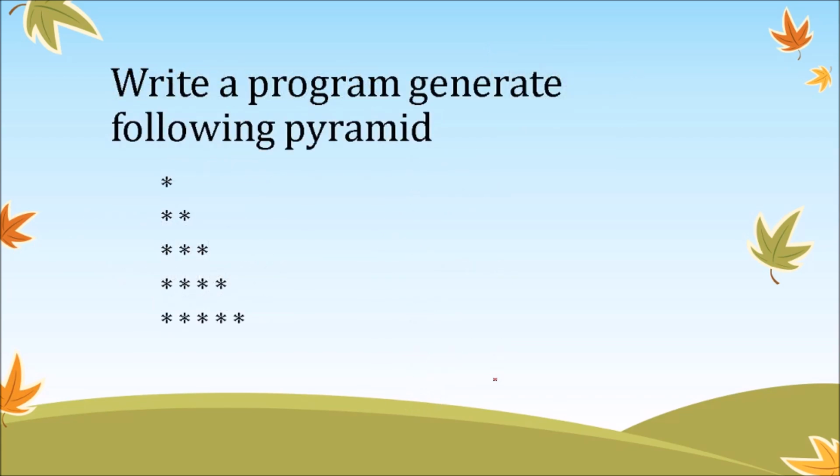Now we'll try to see certain patterns and pyramids like this. We'll be displaying stars in 5 lines, working on the same lines. We can see this type of pattern and another way.